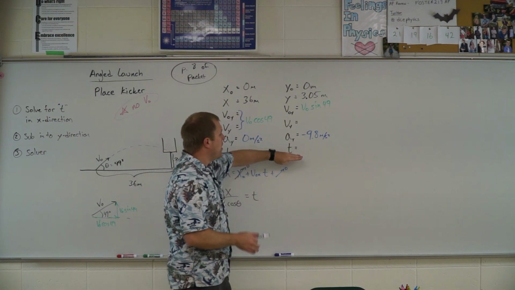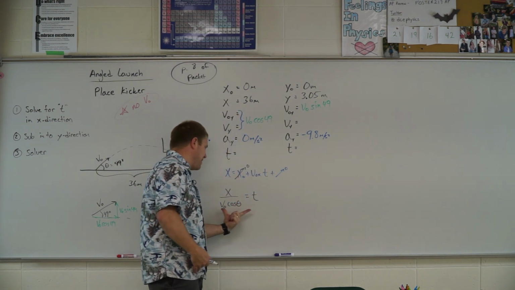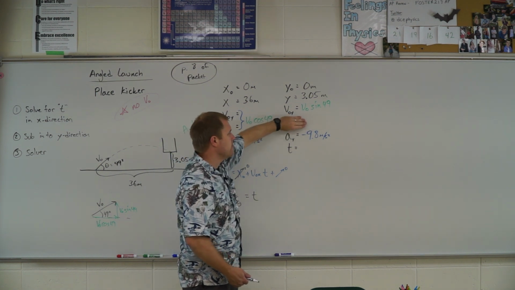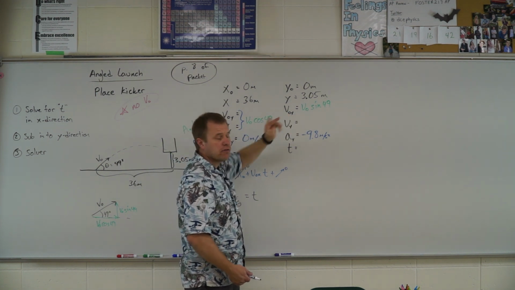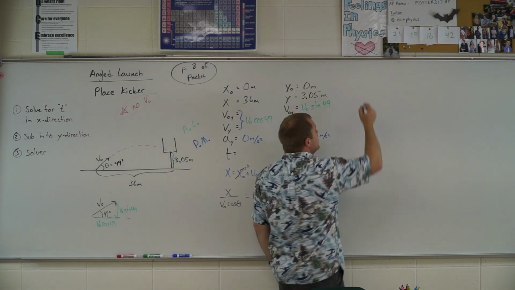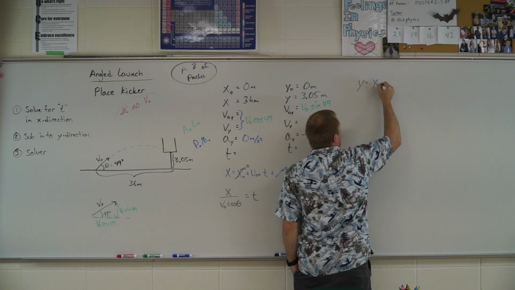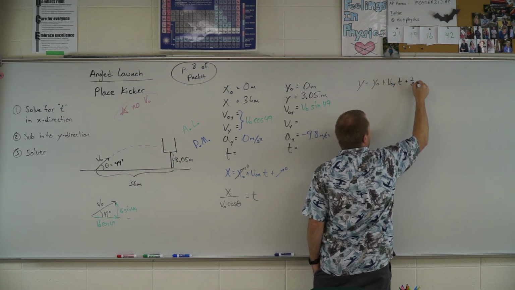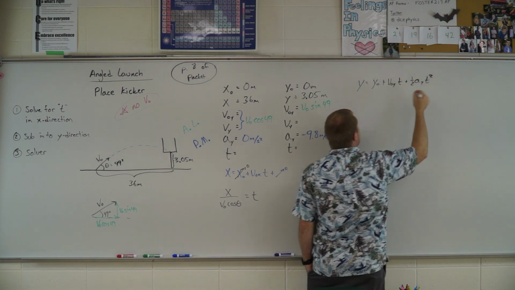Okay, so in the y direction, I want to limit myself to these same two unknowns, v0 and t. So I want to get rid of vy. So that would be equation number 2. So I have y equals y0 plus v0y t plus 1/2 ay t squared.